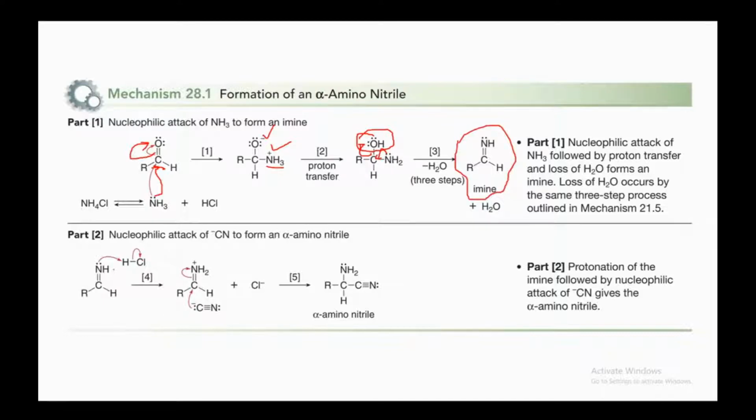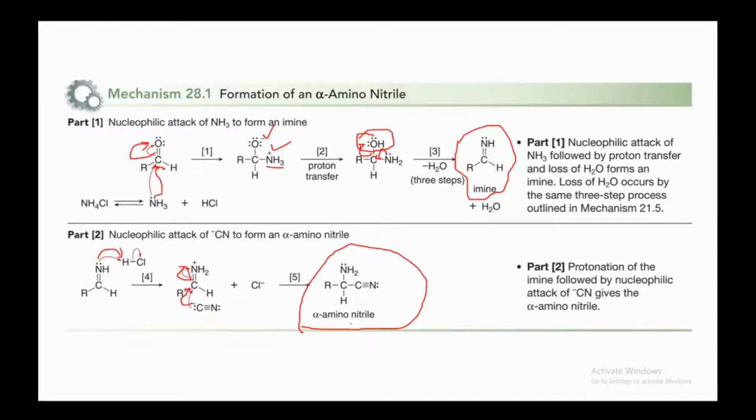In the next step, nucleophilic attack of cyanide forms an alpha-amino nitrile. This nitrogen is deprotonated with HCl, and the cyanide acting as a nucleophile attacks this carbon, and the double bond between carbon and nitrogen breaks in favor of nitrogen. We get the alpha-amino nitrile, that's the one.